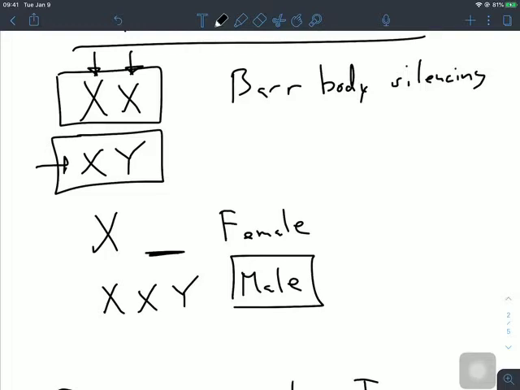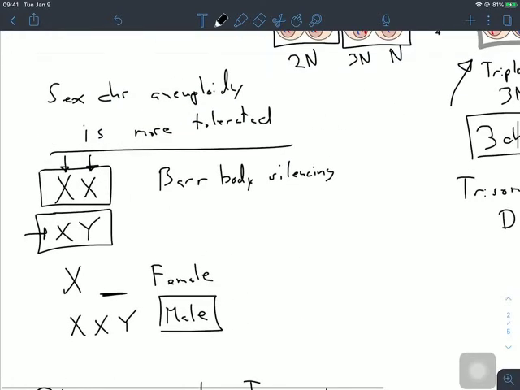And there are different named diseases associated with these things, but I just want you to know that aneuploidy, at least in animals, is tolerated a little bit better for the sex chromosomes than in the autosomes.